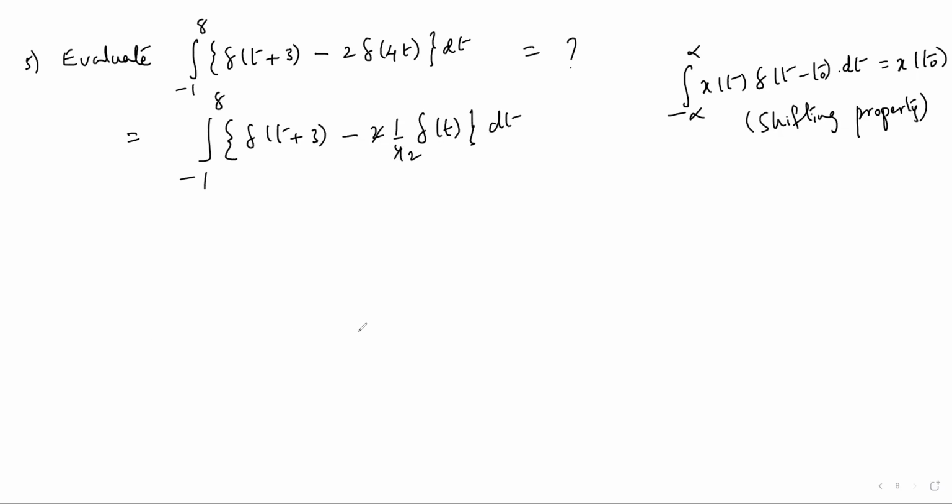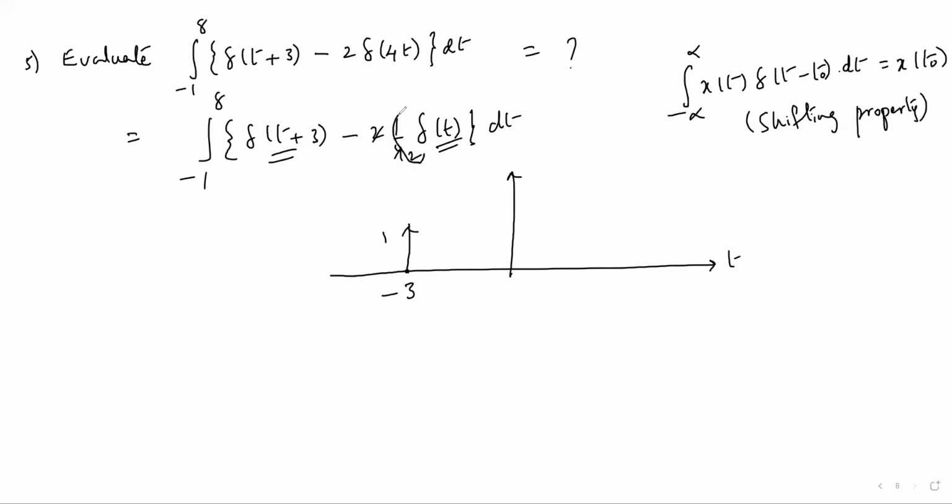If you observe this expression, instead of applying shifting property, just observe once. Small tricky question. Where is this impulse function del of t plus 3? At minus 3, we are having the impulse function with the amplitude 1. And this is del of t.